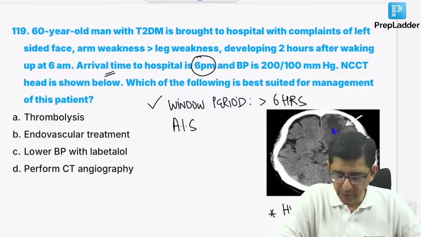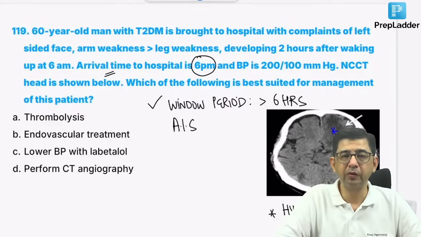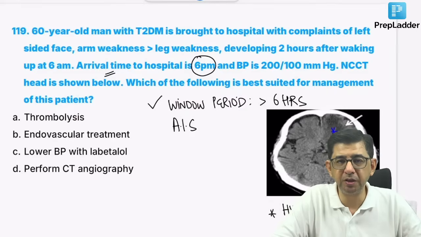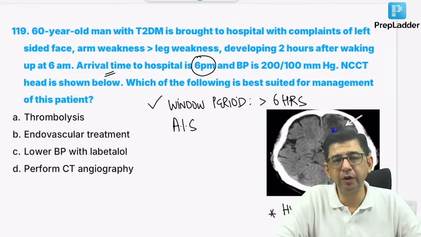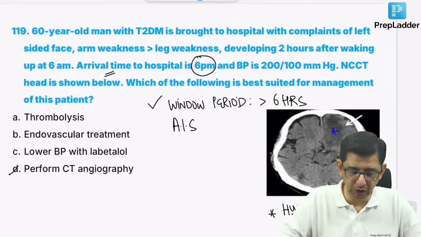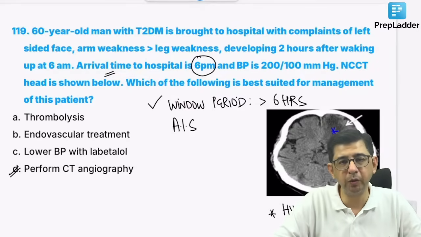Yes, guys, let me know what your thought process would be for this one. Lowering the blood pressure to less than 185 by 110 is done if a patient is a candidate for thrombolysis, but this patient is outside the window period, so we will not be doing thrombolysis. There is no role of CT angiography because CT itself is showing a hypodensity.